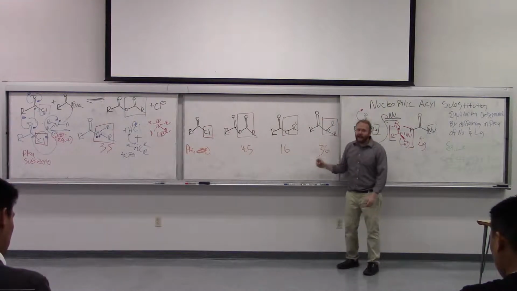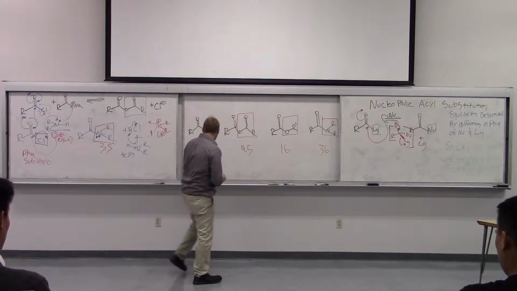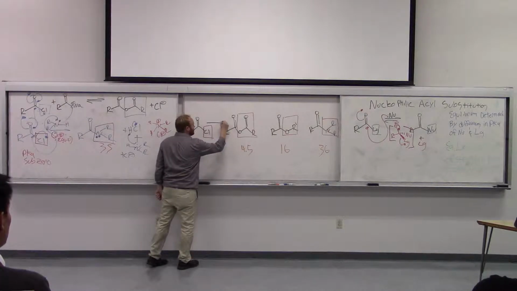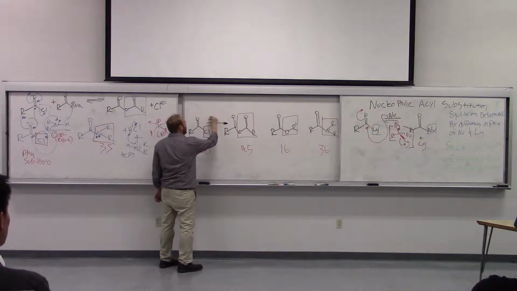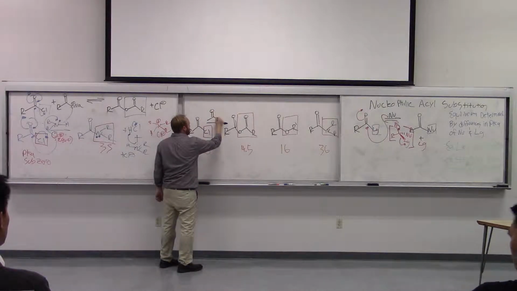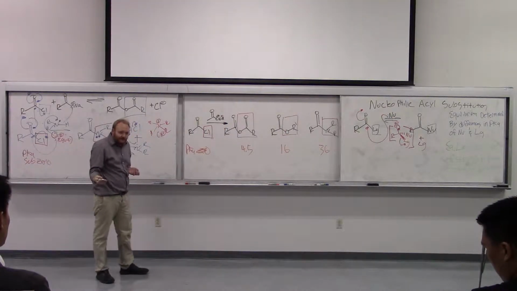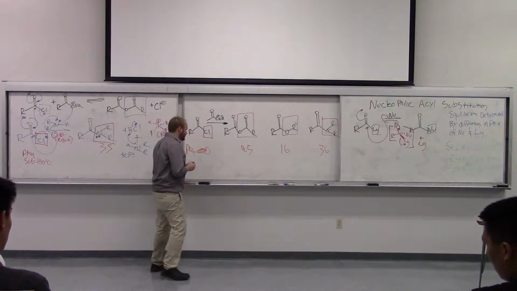So based on the pKa argument, what this says is we can take an acid chloride to an anhydride by throwing in our carboxylate. Makes sense.